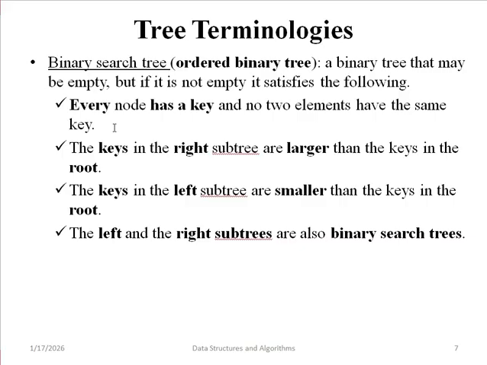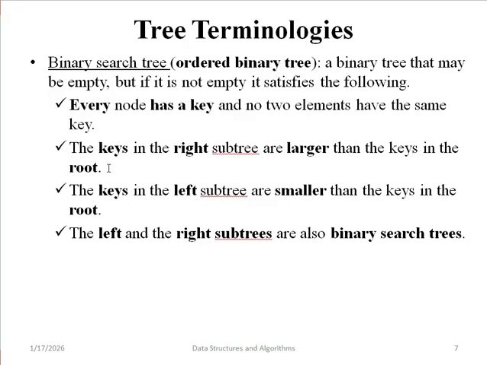no 2 or more elements have the same key, so the key should be unique. And the keys in the right subtree are larger than the keys in the root.